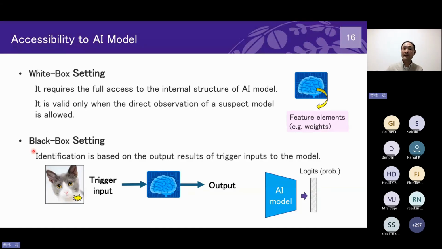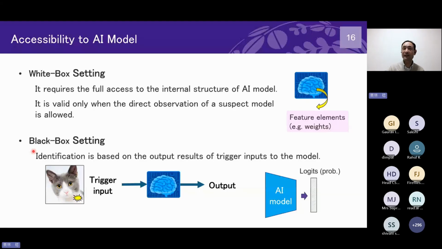So in a realistic situation, the black box setting is much more realistic. It means the owner cannot access the internals of the AI model but can use the AI model.